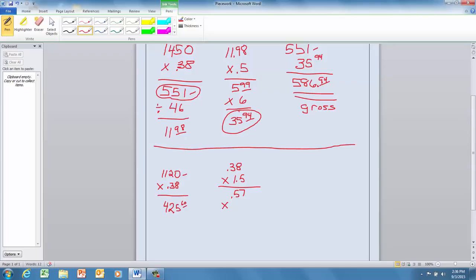And we had 330 of those. And so that's $188.10.